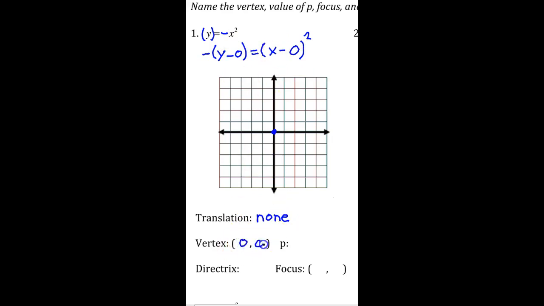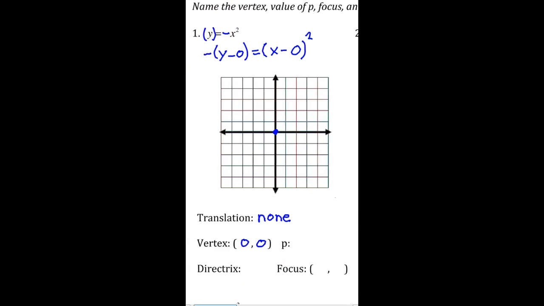So step 1 is everything we just did in the blue. Step 2, let's go to red. We are going to look at finding this p-value. So this value in front, which is negative 1, the negative is the same as negative 1.